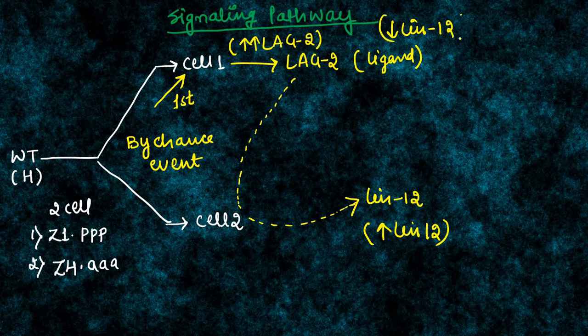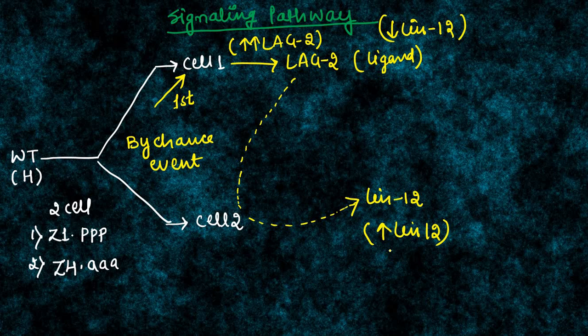I hope you got this concept, because the cell which has the probability to activate first will always activate lag-2 first, and then give a signal to the second, adjacent cell that as I am producing lag-2, you should start producing lin-12, so that lag-2 and lin-12 could interact.